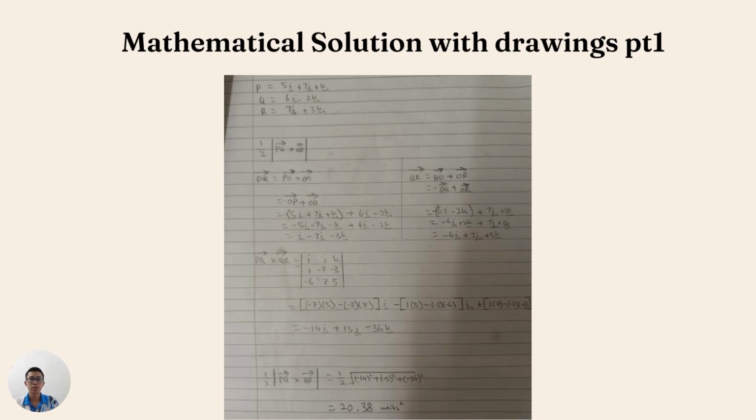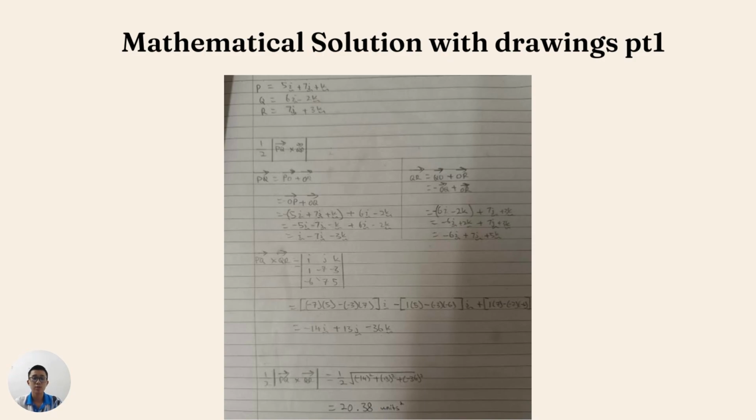We'll substitute back using the formula as stated on top, which is 1 over 2 times the modulus of vector PQ times vector QR. Moving on, that is 1 over 2 times the square root of negative 14 squared plus 13 squared plus negative 36 squared.